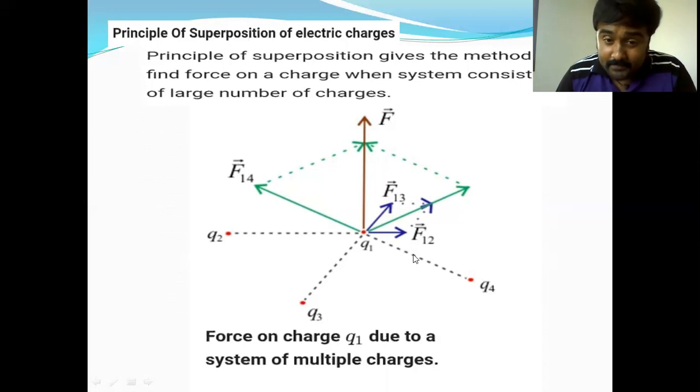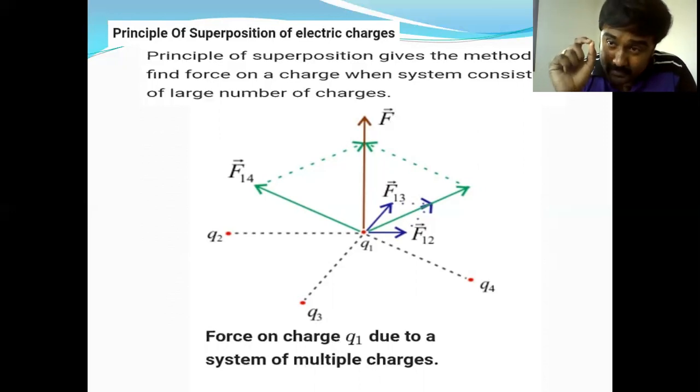So that can be calculated by using this principle of superposition. This principle gives the method to find the force on one particular charge due to multiple point charges. The statement of the principle of superposition is very important.